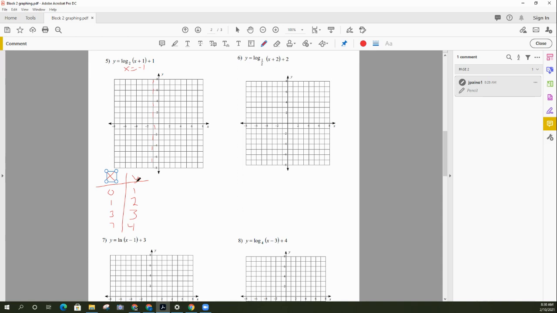And since a is 1, you plot these points: 0, 1, 1, 2, 3, 3, and 7, 4. And you have your graph. Domain is -1 to infinity. Range is negative infinity to infinity.